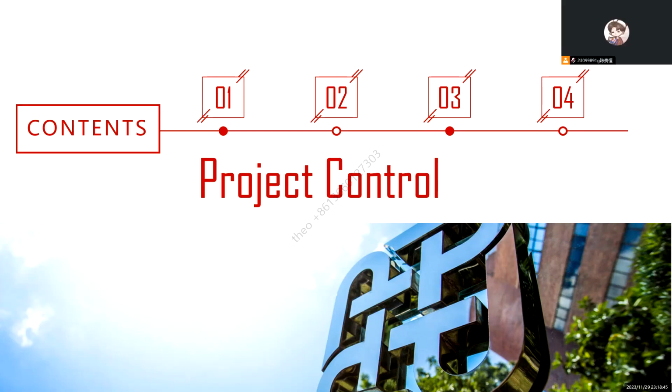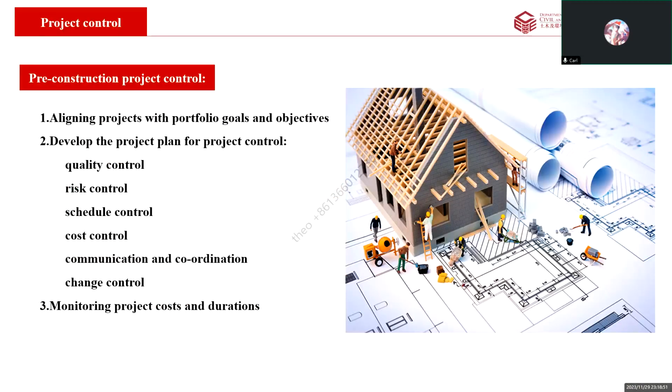Next part is project control. We divide it into pre-construction and during construction. The first step of pre-construction project control is aligning the project with portfolio goals and objectives. As the whole railway network command center main building, completing the project on time is the most important thing.